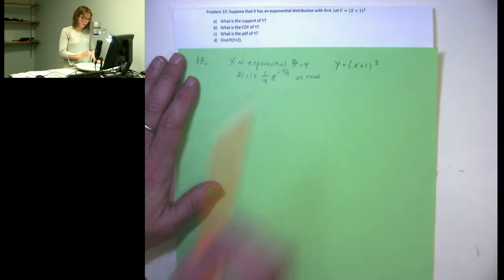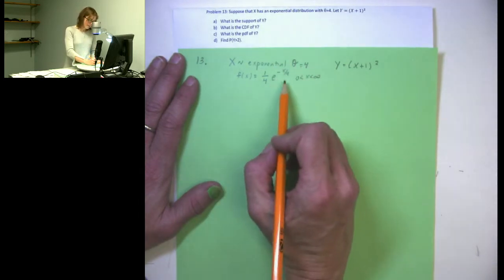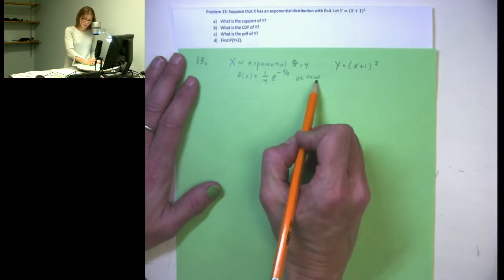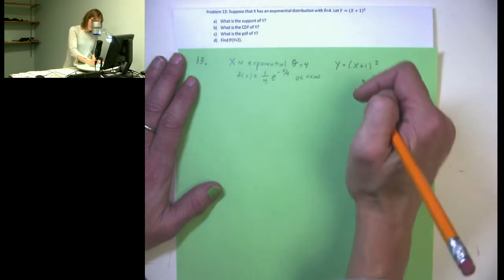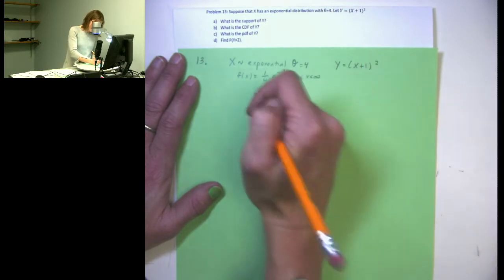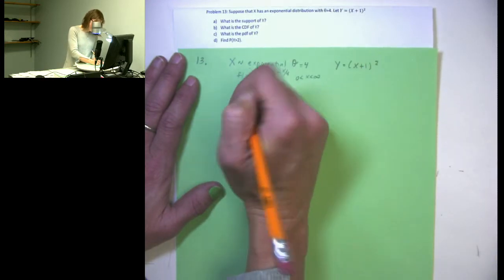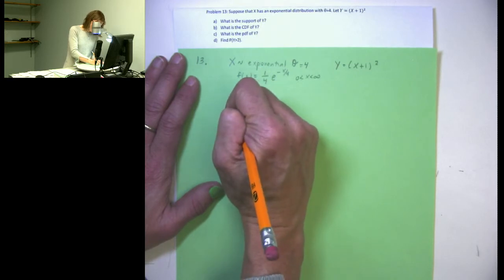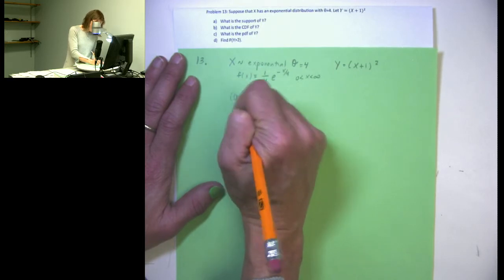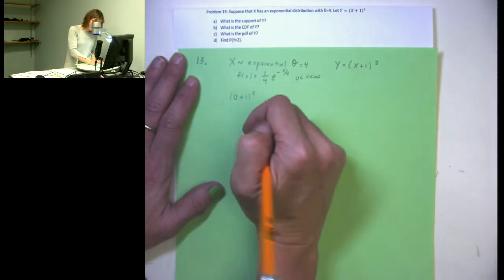So we want to find the support of y. So first of all, since x can take values from 0 to infinity, if I think about y, then y is going to be able to take values from (0 plus 1) squared, right?